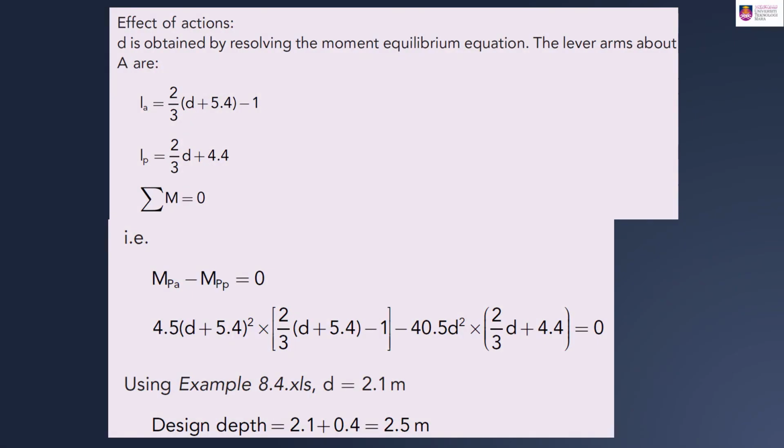Next, we have to consider the effect of actions. d is obtained by resolving the moment equilibrium equation, with the lever arms about A. So we have the lever arm for active as 2/3 d plus 5.4 minus 1, and the lever arm for passive as 2/3 times d plus 4.4, and then by taking moment equal to 0, we have the next equation here.